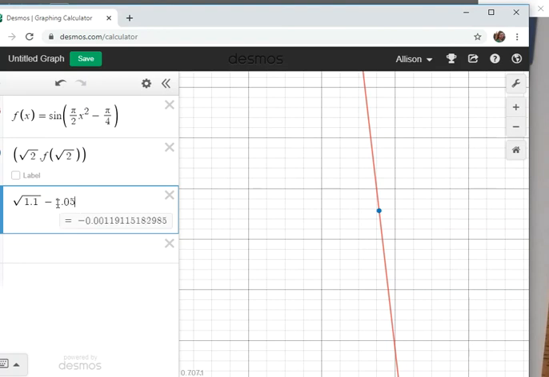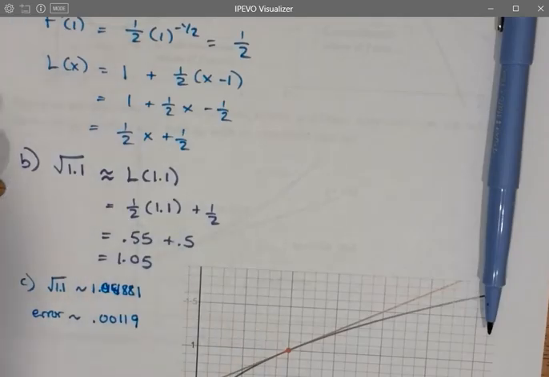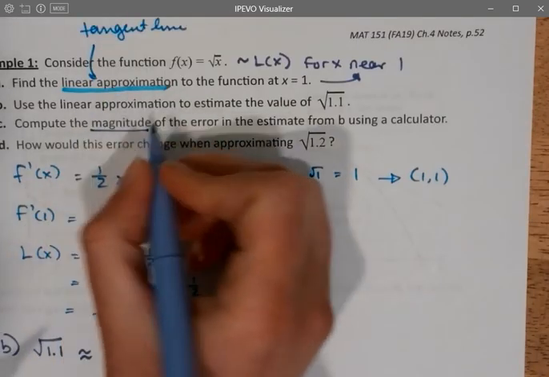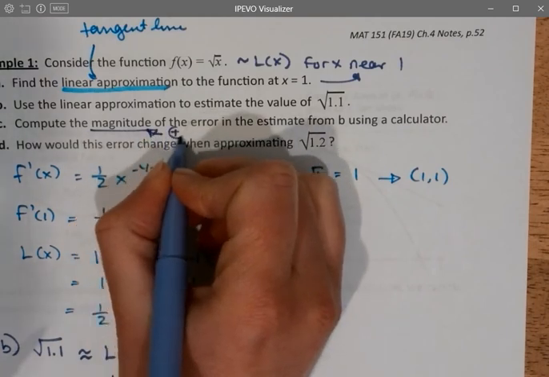So now we have the error is approximately 0.00119. So it's a pretty small error. And I didn't put a negative with it because it says the magnitude of the error. Magnitude up here is another word for absolute value, so positive only.